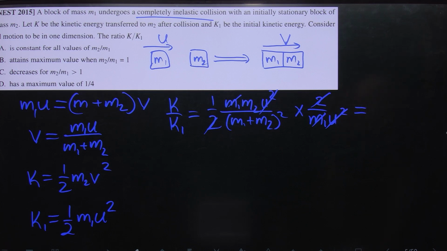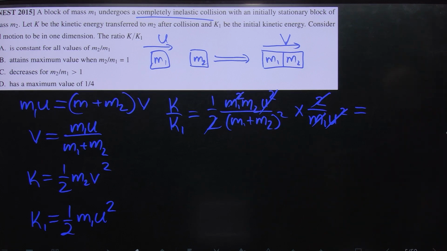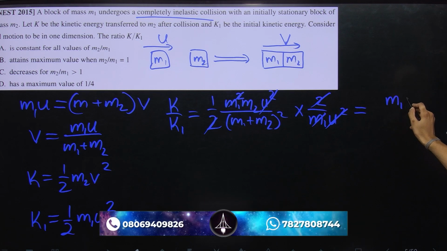There should be one more m1 over here. Oh yeah, there was an m1 square over here, so only the square term will get cancelled, and our ratio will be m1 into m2 upon m1 plus m2 the whole square.